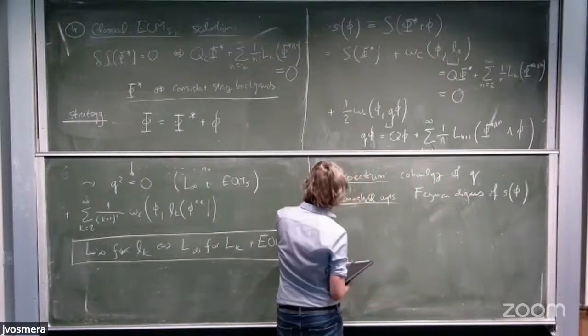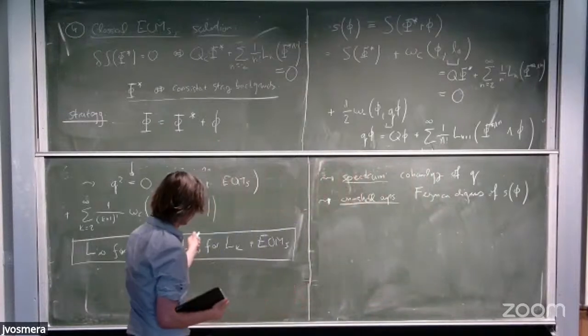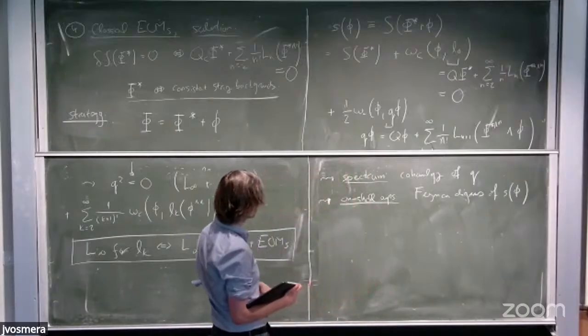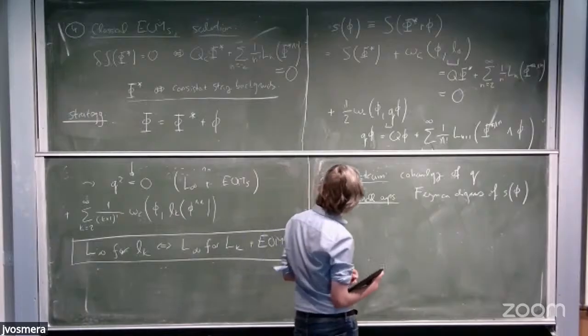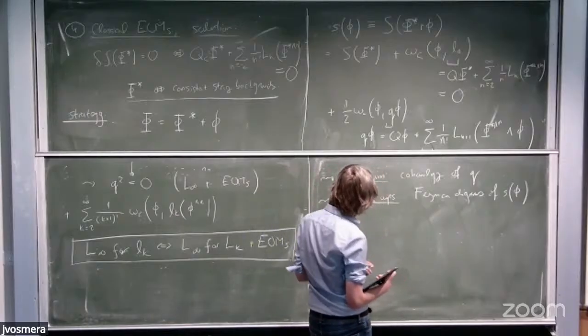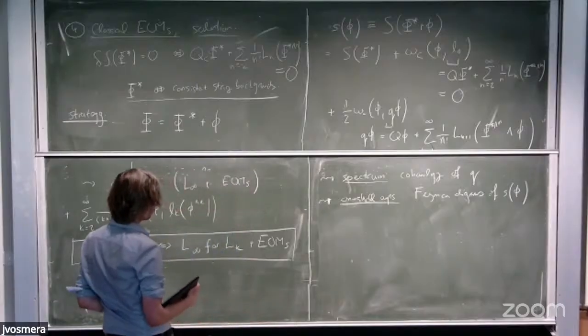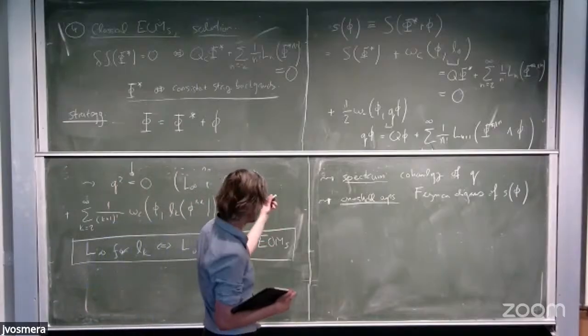In principle, if you can compute these quantities, that would be good. But in general, extracting the on-shell amplitudes, even for the unshifted background from string field theory, turns out to be hard, let alone for a shifted background.